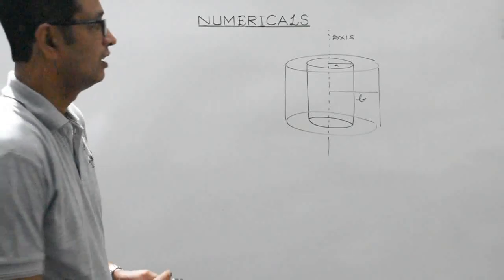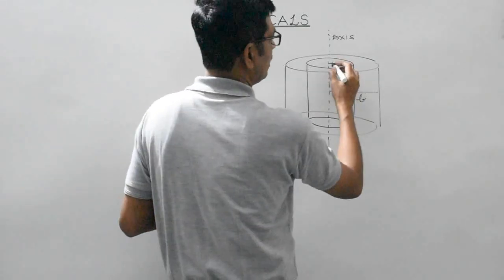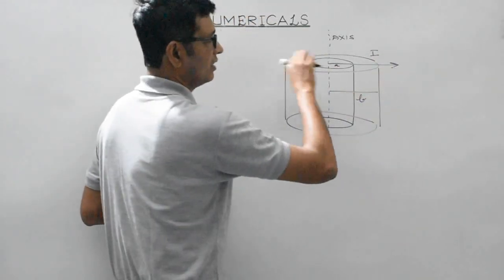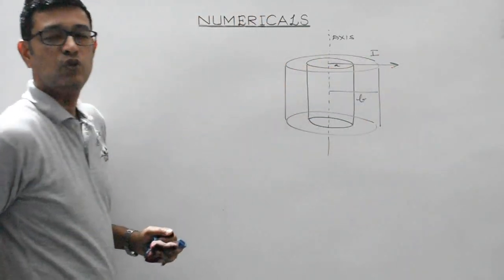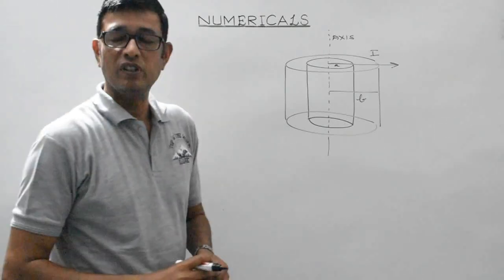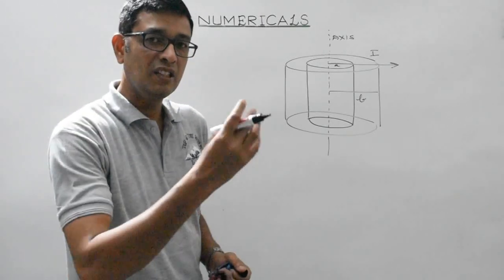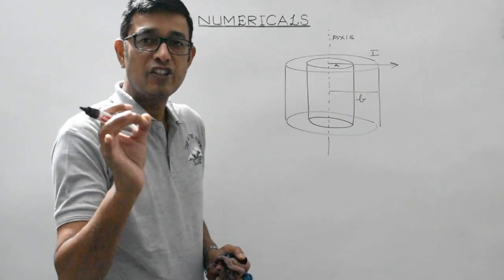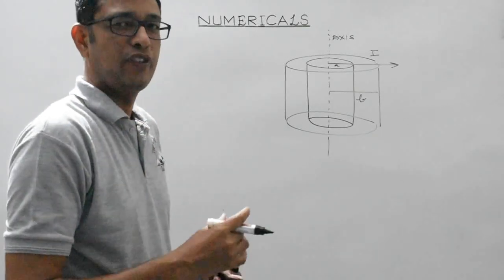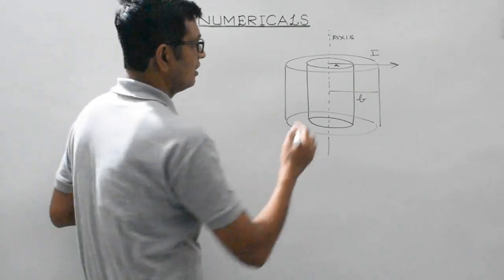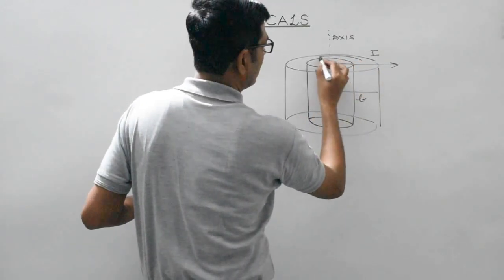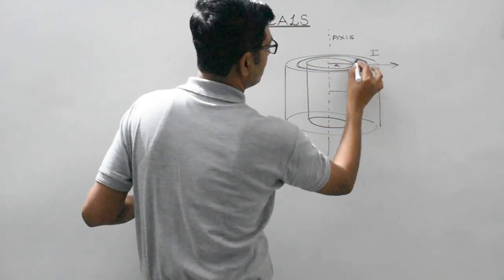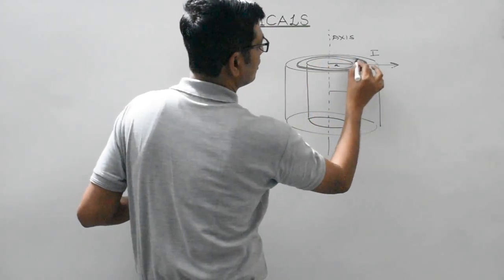Right? The current would be flowing radially, along the radius, either in the outward direction or in the inward direction. So what to do, students, as was done in the previous question, here we will consider an elementary cylindrical shell, say of radius r and thickness dr. So let us consider an elementary cylindrical shell like this.